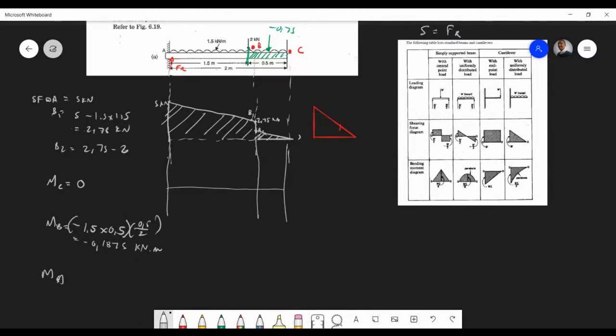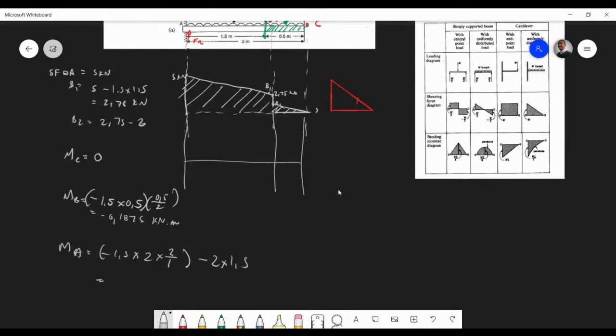Then our moment at A, all we have to basically do now is just say minus 1.5 times 2 meters, times 2 over 2, which is 1. And then what's the last one? Minus 2 times 1.5.